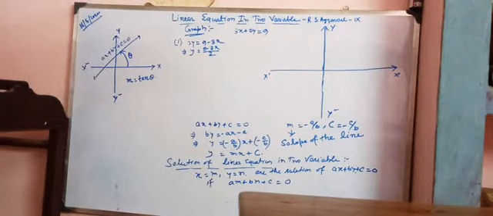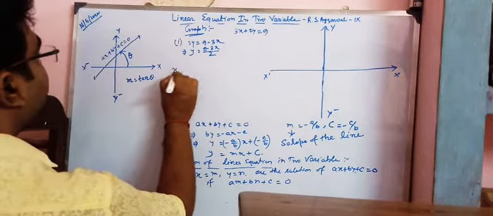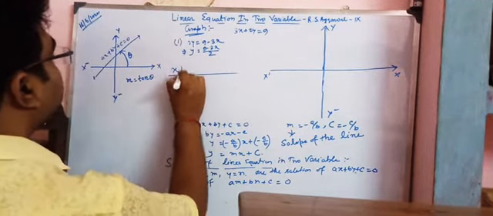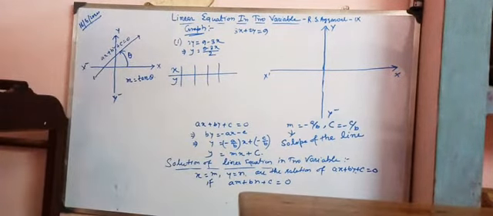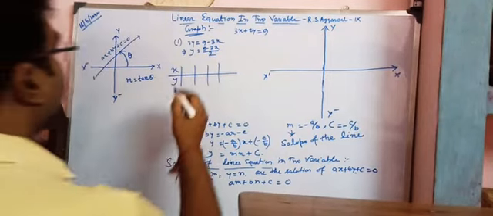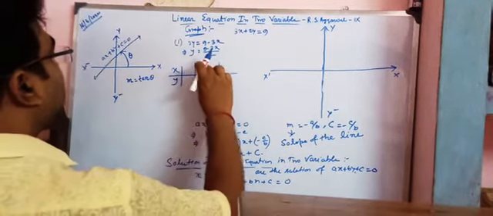Next we have to make a box, x and y, a table. Now we take the corresponding value of x and get the corresponding value of y.